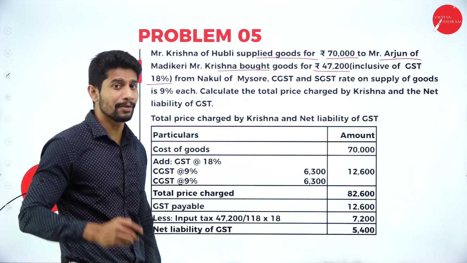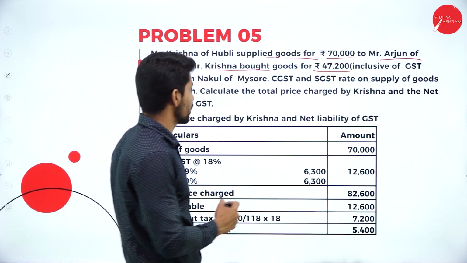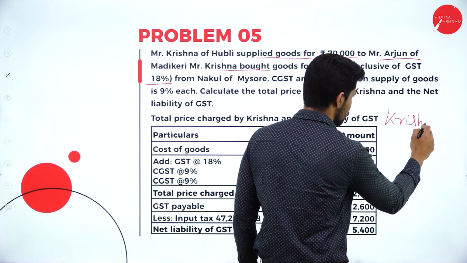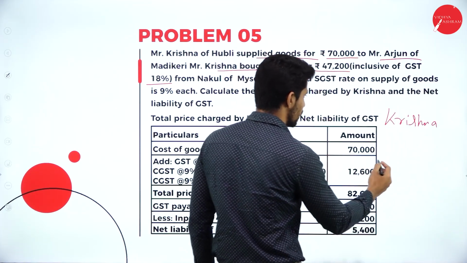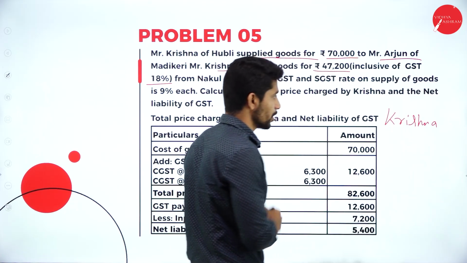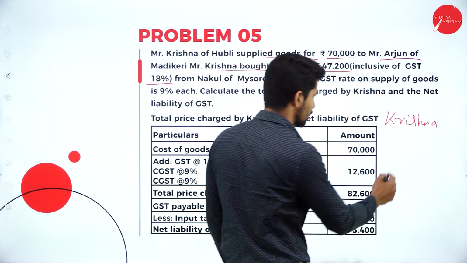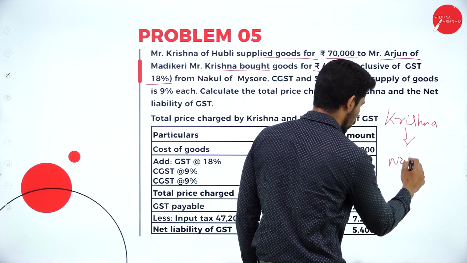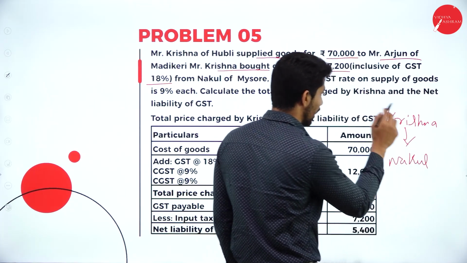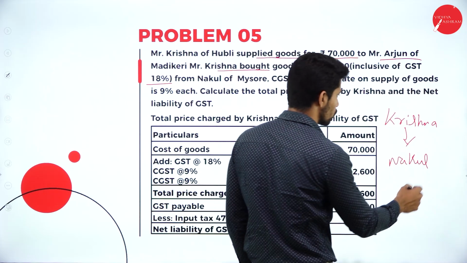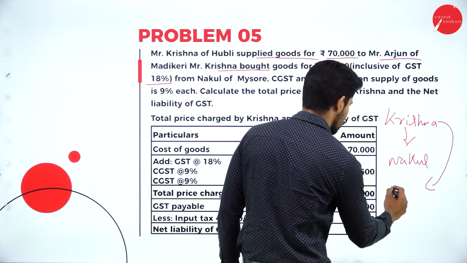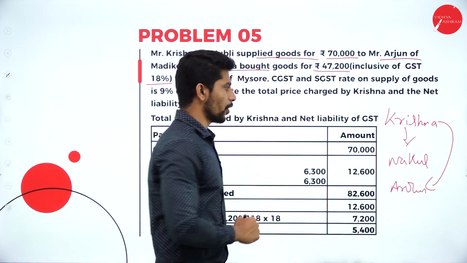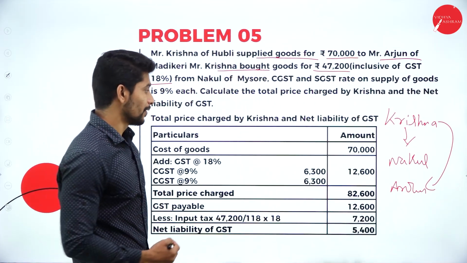So here we have three parties. So who are those three parties? Mr. Krishna, and the second party is Mr. Arjun and Mr. Nakul. So this Krishna bought goods from Nakul, and then Krishna sold goods to Mr. Arjun.